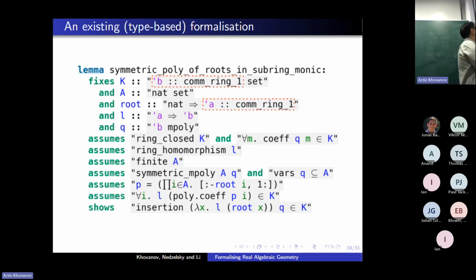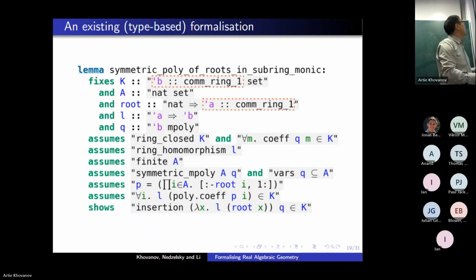And finally, this insertion means evaluation. If we evaluate Q on this set of roots, the result is still in K. So this is more or less the lemma we need.